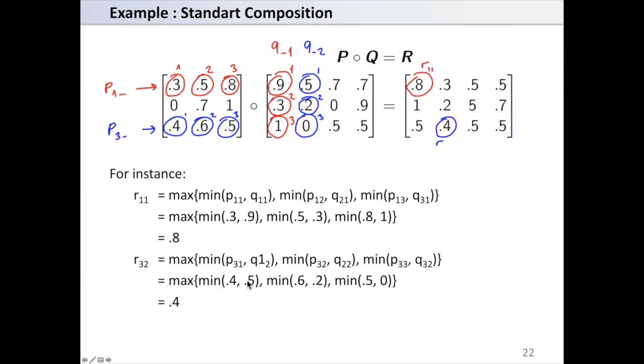So here, minimum is 0.4, for this one 0.2, for this one 0. Among those minimums, we are choosing the maximum. So the result is 0.4. So here the value of the composition for R32 is equal to 0.4.